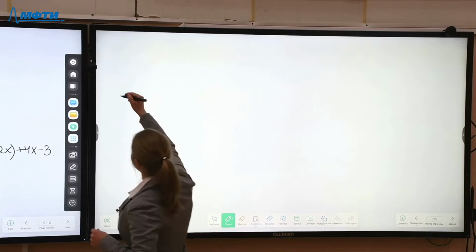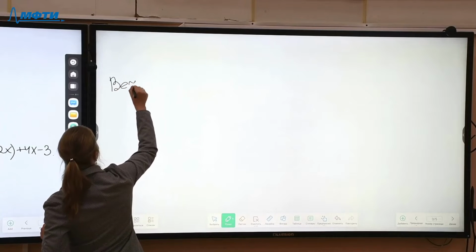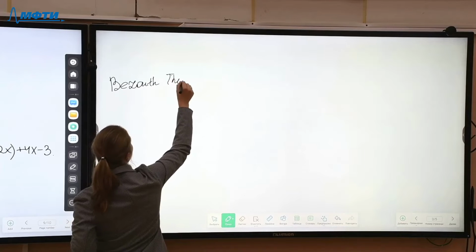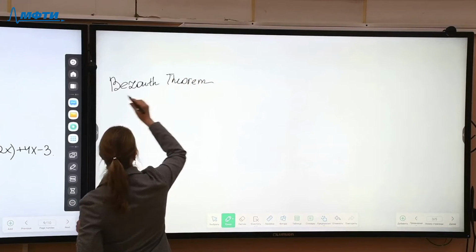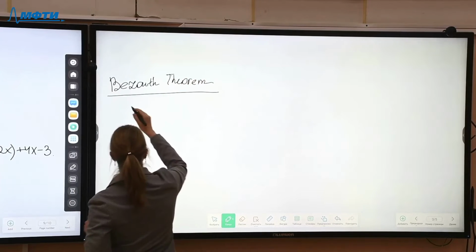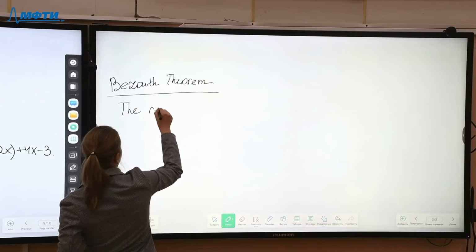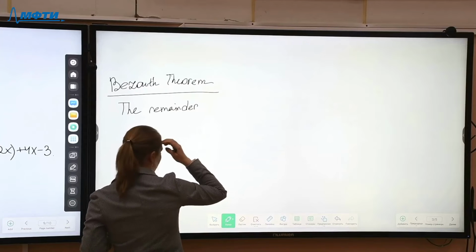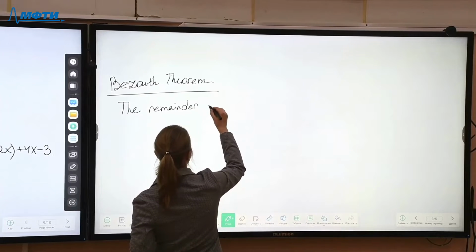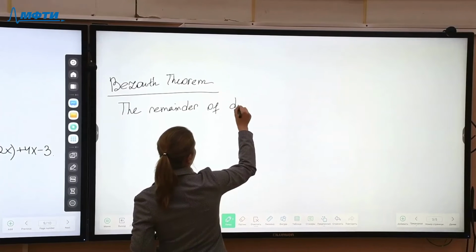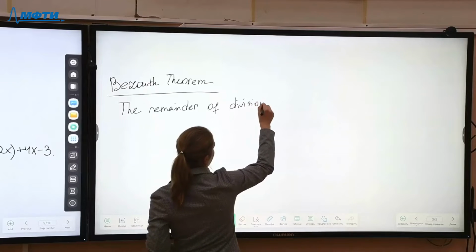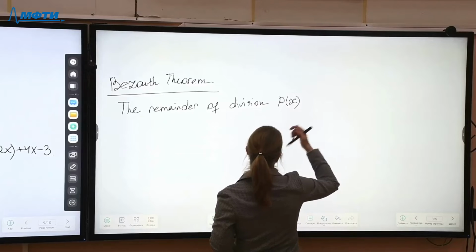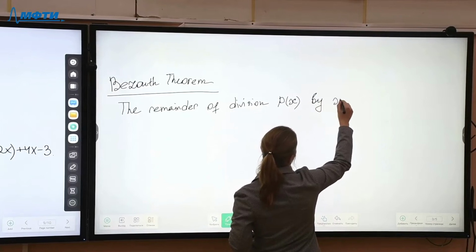So the remainder of division of p of x by x minus alpha.